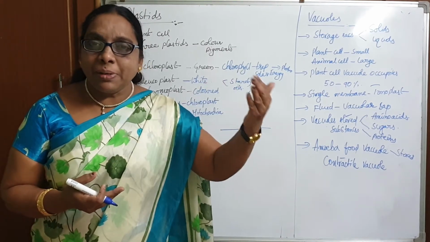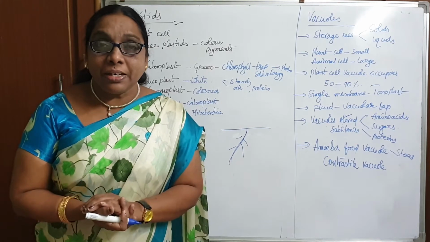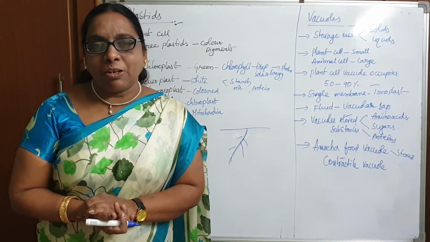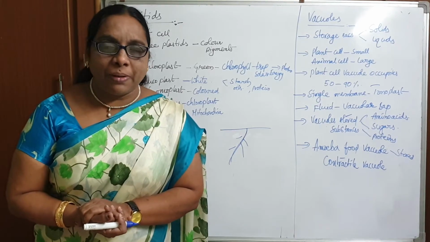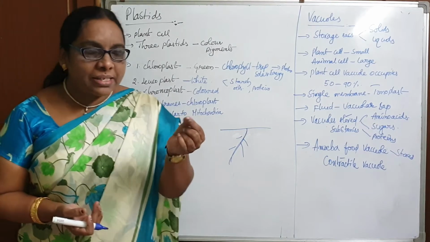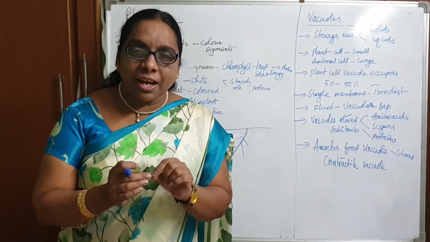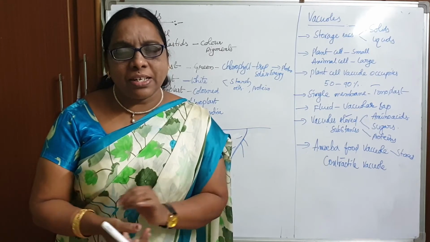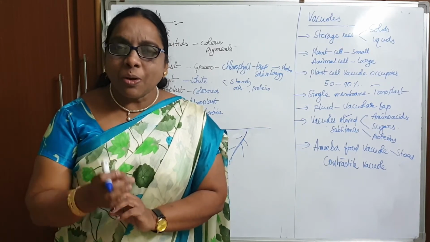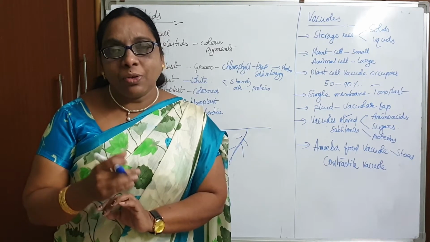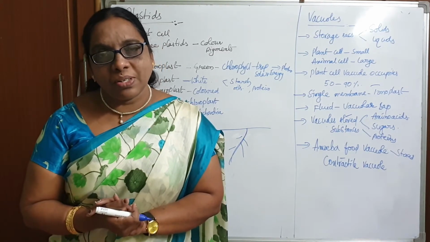When it ripens, it turns yellow because of the xanthophyll pigment. Likewise, if you break a groundnut seed, it is white. Any seed you break, you will see white color. So leucoplasts are present in parts not directly exposed to the sun.